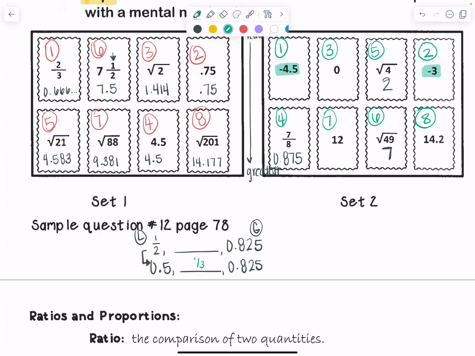Well, I don't know, maybe. 1/3 is the same thing as 1 divided by 3, which is 0.3333. So now that I've converted it to a decimal, that one doesn't make sense. 0.3 would go over here in my ordered list.